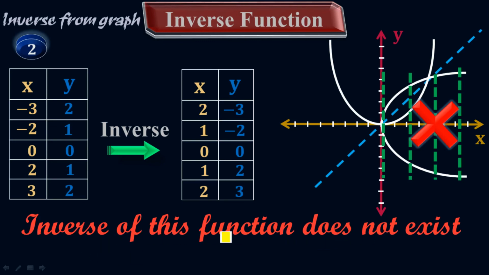By the inverse of this function, I don't mean the inverse relation. The inverse relation of this graph exists because I have this inverse graph for the given graph. So its inverse relation is already there, but its inverse function does not exist. Therefore, I can write that the inverse of this function does not exist.